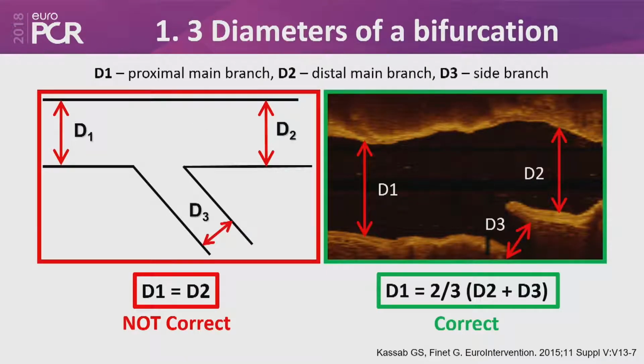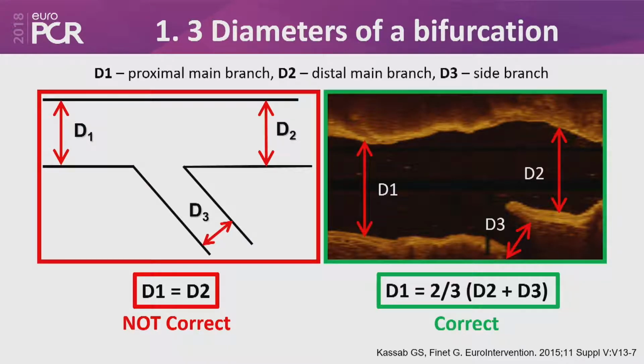So the first piece of the puzzle are the diameters. How many of you have already seen this slide before? So, some. Okay. I would say like 20 or 30%, but I think this is maybe the cornerstone of understanding the bifurcation anatomy. So when dealing with the bifurcation anatomy, we have the basic problem. We have one stent, which has one stent diameter, but we have 3 diameters of the bifurcation.